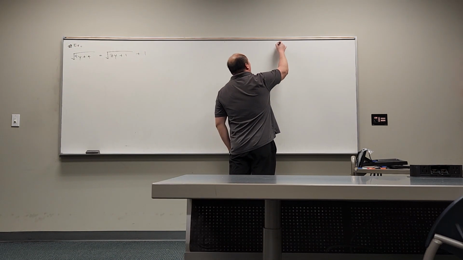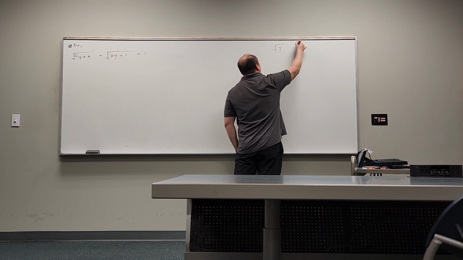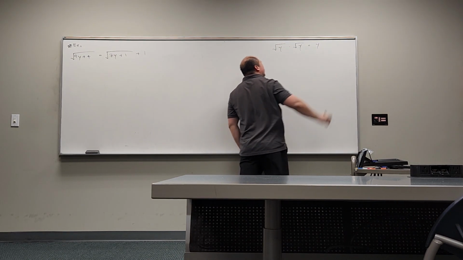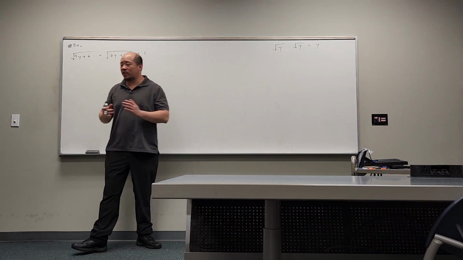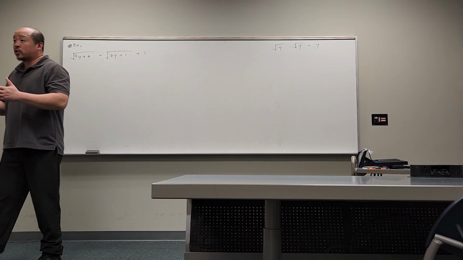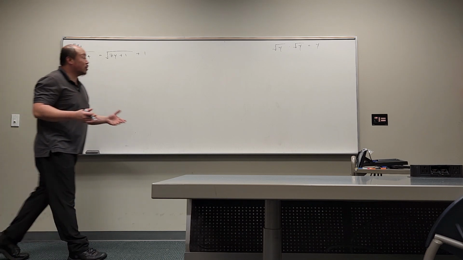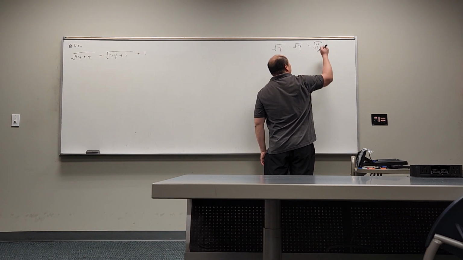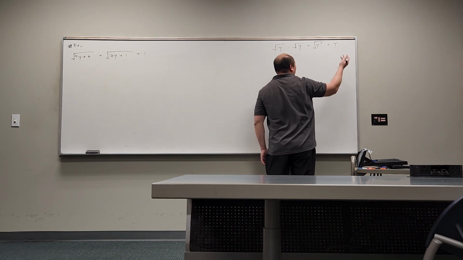If I say I have radical y times radical y, do you guys remember that that's just y? Remember radical of something times radical of the same thing is just the thing by itself. Because this guy would just be radical y squared, right? Which is just y, right?